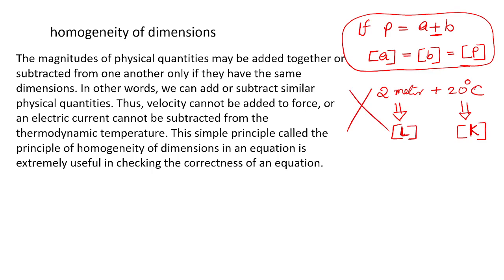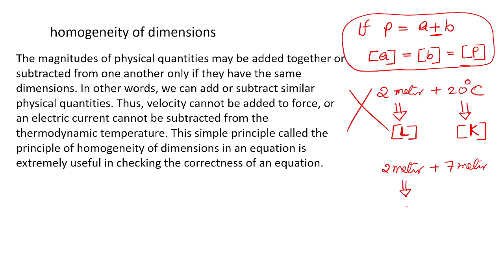At the same time, 2 meter plus 7 meter is possible because it will be 9 meter, because the addition or subtraction will be possible.